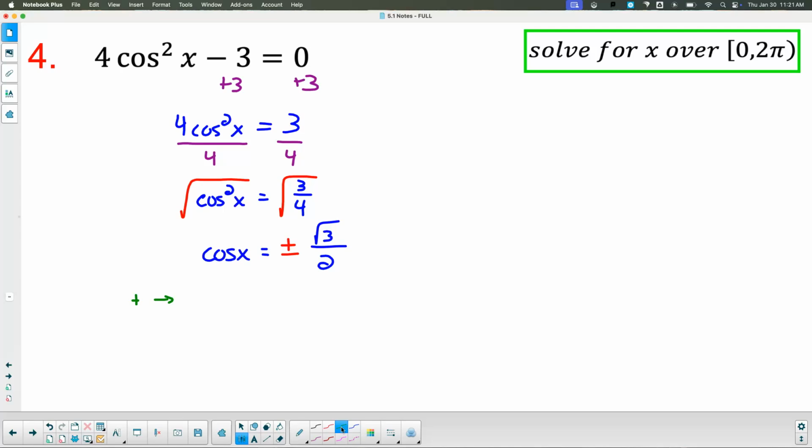Pi over 6 and 11 pi over 6. Where does cosine equal negative square root 3 over 2? 5 pi over 6 and 7 pi over 6.